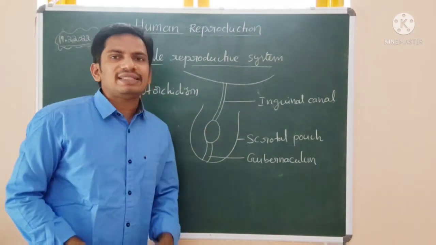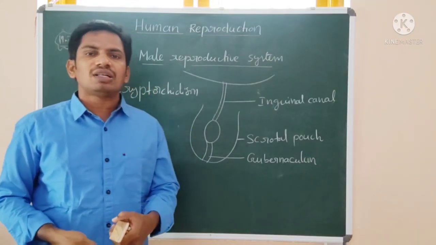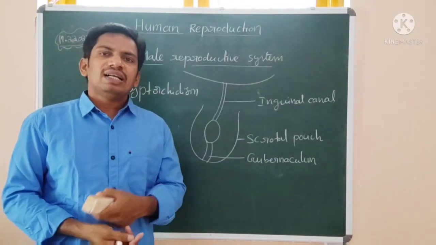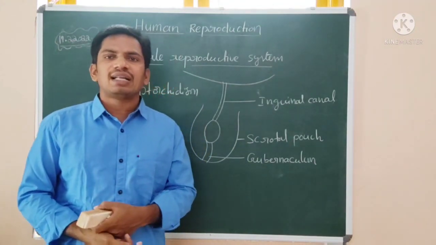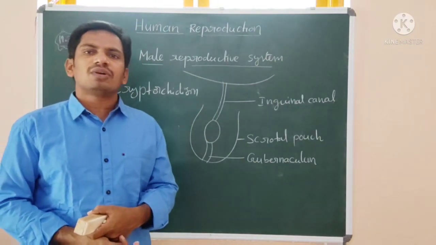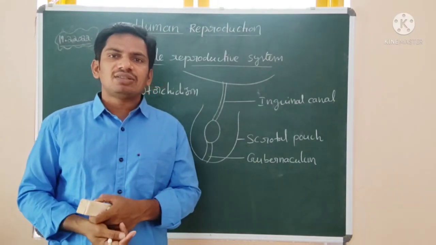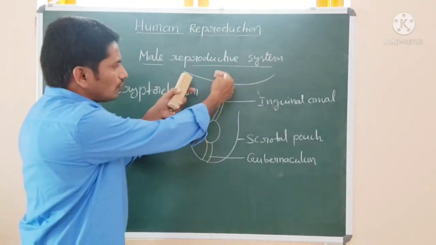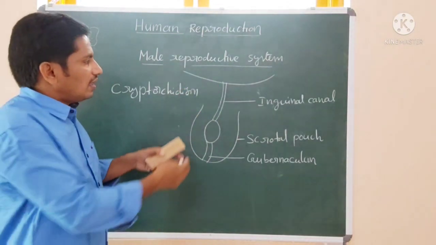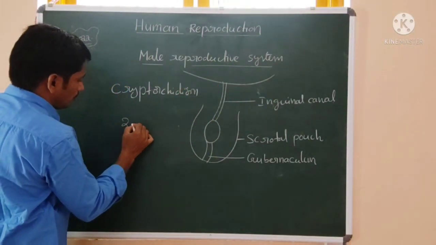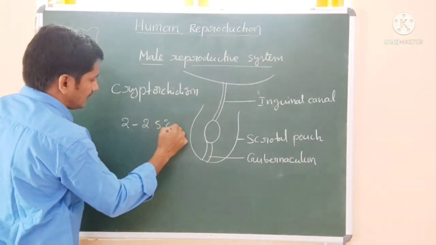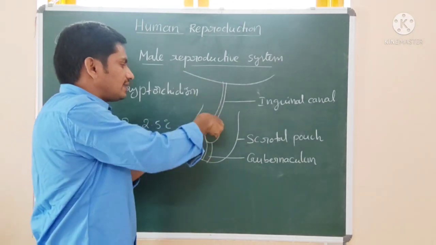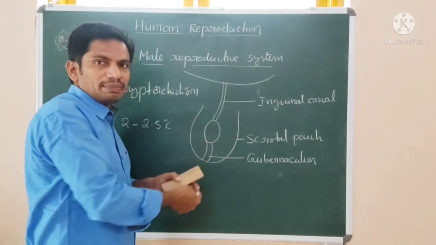And actually, why are the testes suspended in the scrotal pouch? Why not in the abdominal cavity? Because our body temperature is 38 degrees centigrade or 97.4 Fahrenheit. That temperature is not suitable for the production of sperms. That's the reason the temperature needs to be 2 to 2.5 degrees centigrade lower than the body temperature. For that purpose, the testes descend into the scrotal pouch.